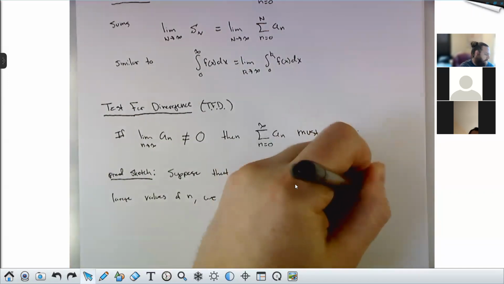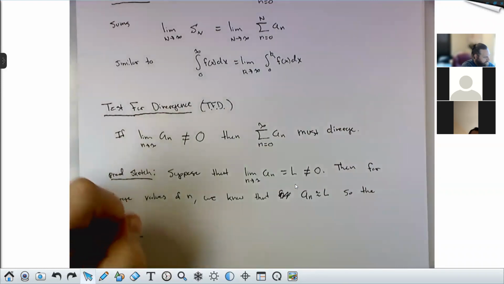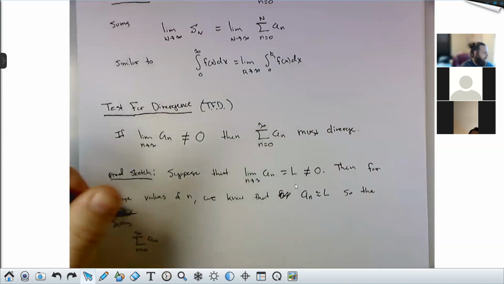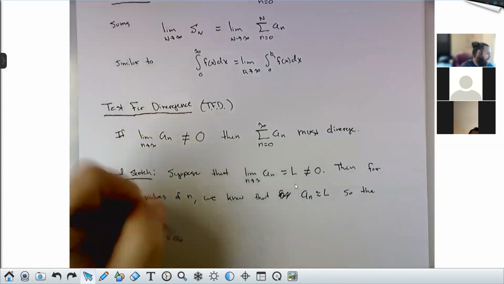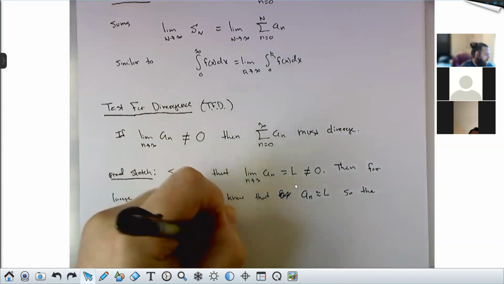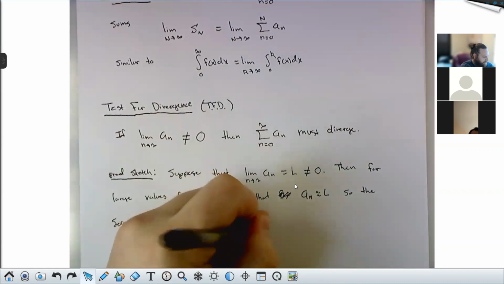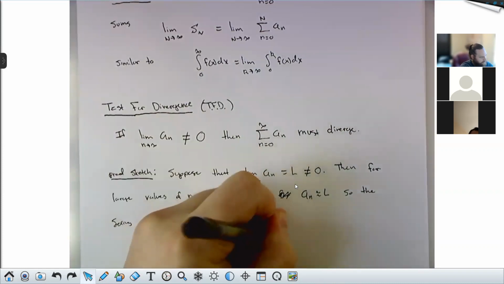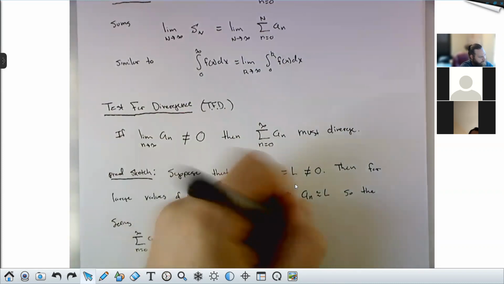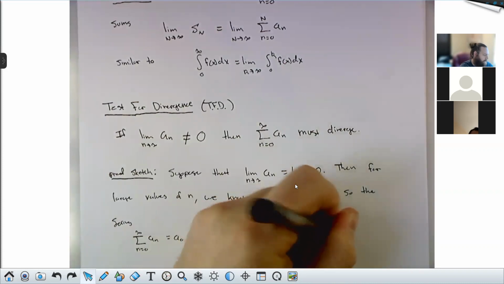So the series sigma n from 0 to infinity of an, which is like a0 plus a1 plus a2 plus on, plus like, say, a sub capital N, and then a capital N plus 1, and a capital N plus 2, and on and on.